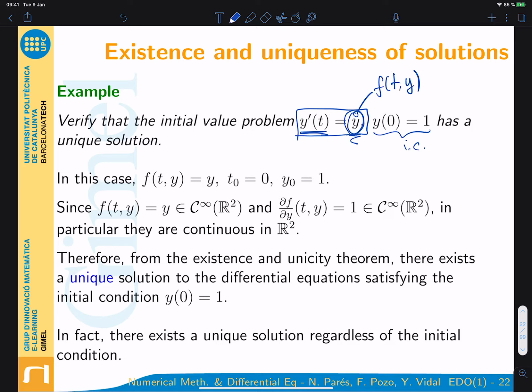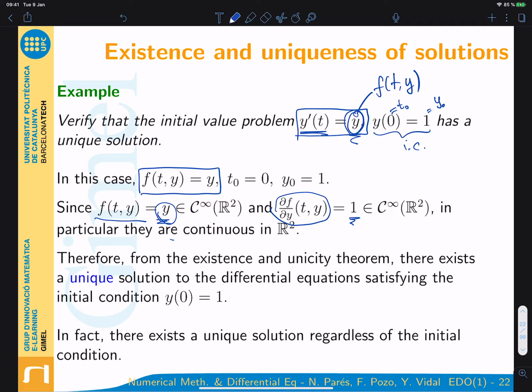Okay, now I know f of t, y is y, and the initial condition is given at t0 equals 0 and y0 equals 1. Now, I know that this function, f of t, y equals y, is continuous all over the domain because it's a polynomial function. And the first partial derivative with respect to y is a constant value, so of course it is continuous everywhere.